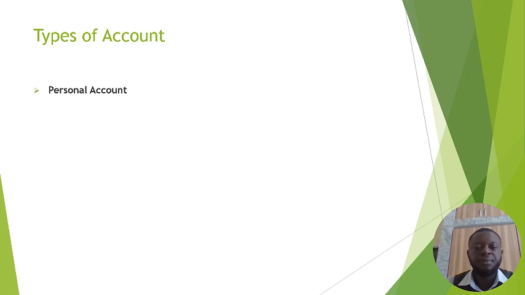Okay, now let's look at types of accounts. We have the personal account. Personal accounts are accounts in the name of individuals, firms, and businesses, like Delta PLC account, Moon PLC account, and debtors and creditors accounts. That is a personal account.